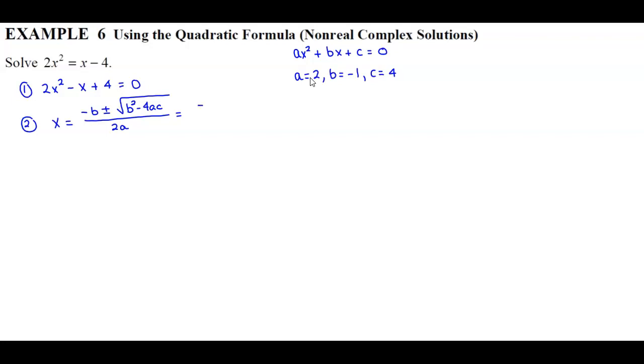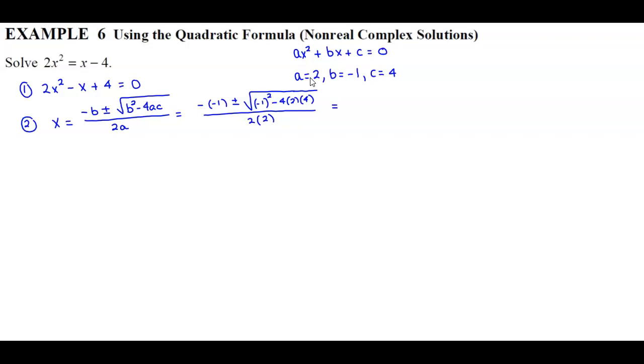So we have a negative, the value of b is negative 1, plus or minus the square root of b squared, b is negative 1, we're going to square that, minus 4 times the value of a, which is 2, times the value of c, which is 4, divided by 2 times a, which is 2.